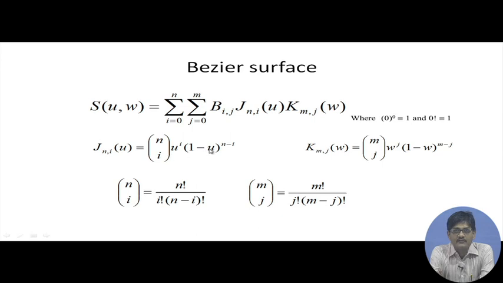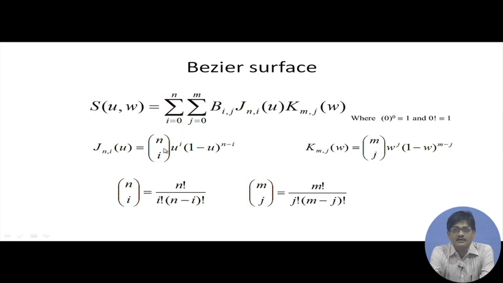What is n? n is the total number of control points counted from 0. That means, if there are 4 control points, n will be 3. i is the particular term in that summation that we are talking about. u is the variable value, it takes up different values at different points on the curve, starting from 0 and ending in 1. u to the power i is the particular term in that summation, and (1 minus u) to the power n minus i.